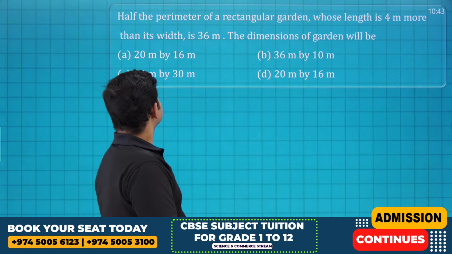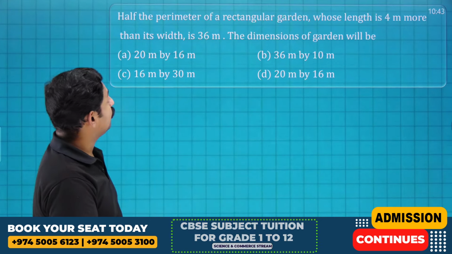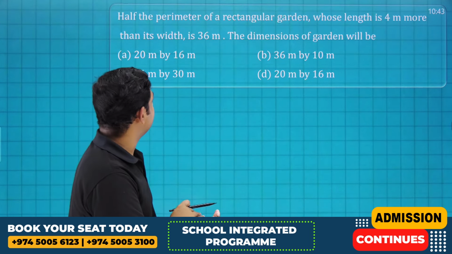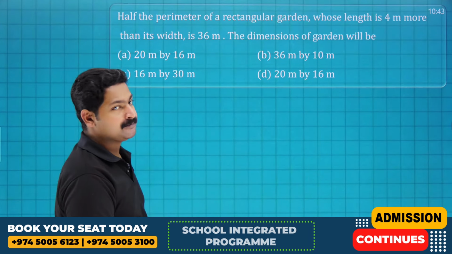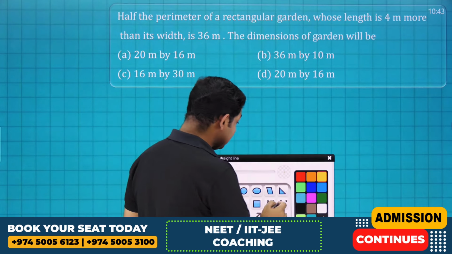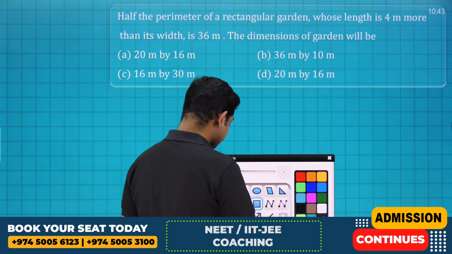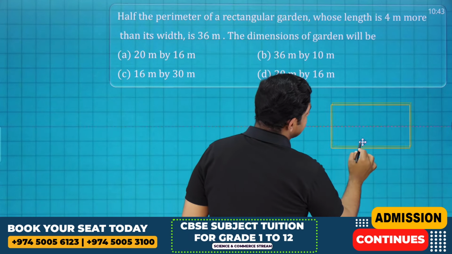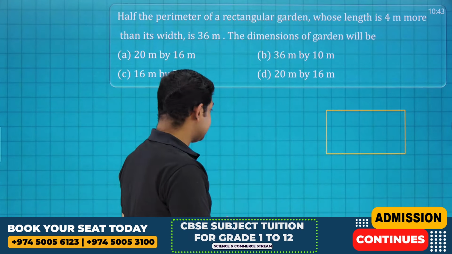Now the next one. Half the perimeter of a rectangular garden whose length is 4 meters more than its width is 36. Okay, so there is a rectangular garden. Then what is the condition given?